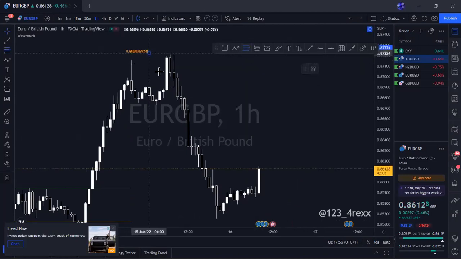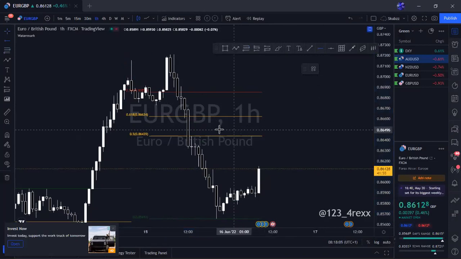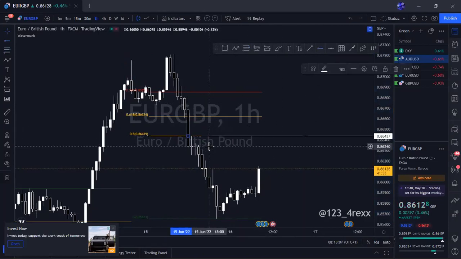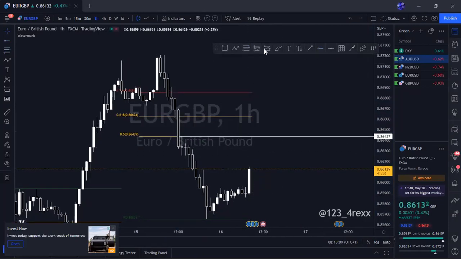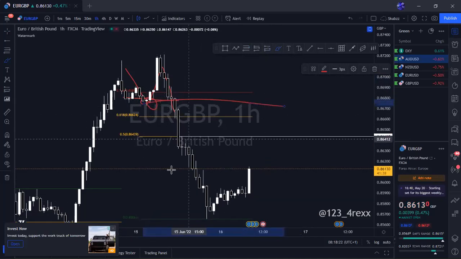Your first TP can be at the 0.5 Fibonacci. Then the second one can be this neckline here, because we have a double top. Normally orders are stacked at the neckline, so that can be your second TP. Do you understand?